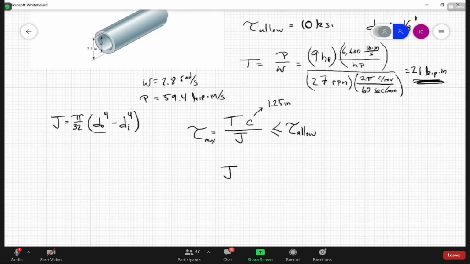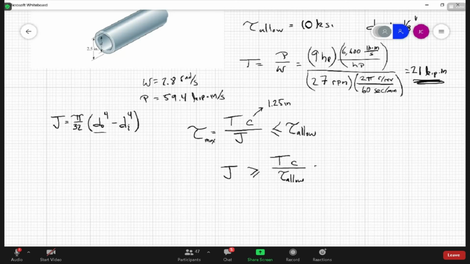So J needs to be greater than or equal to TC over my allowable stress, correct?